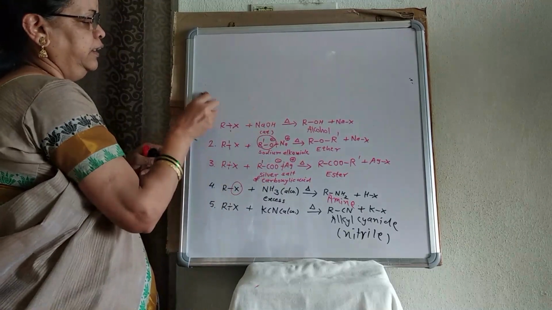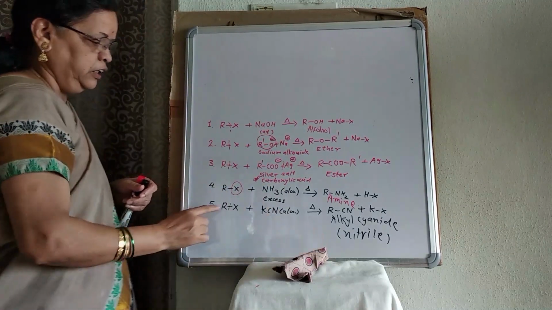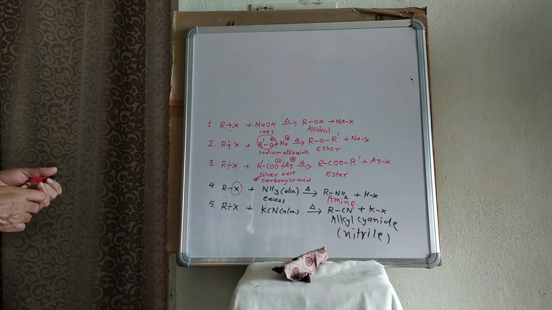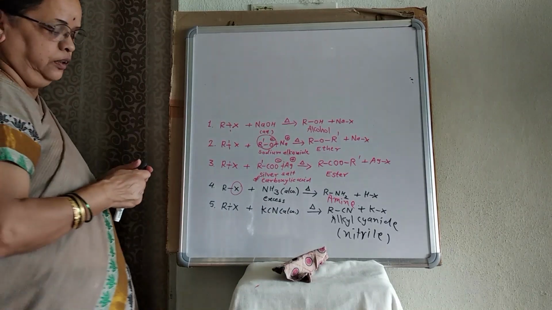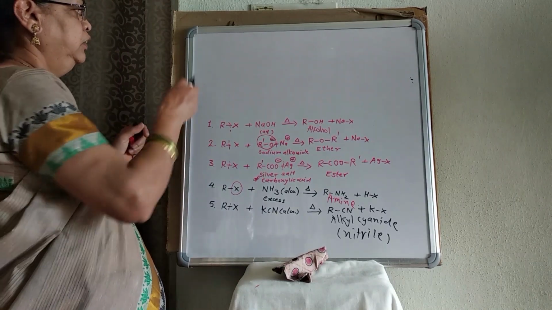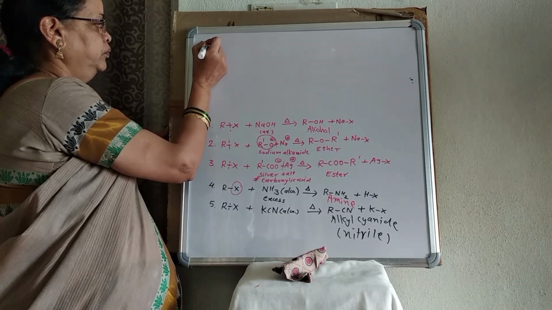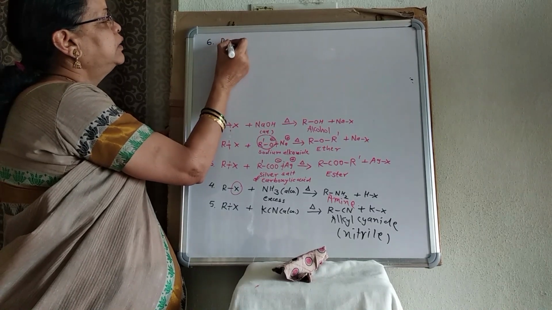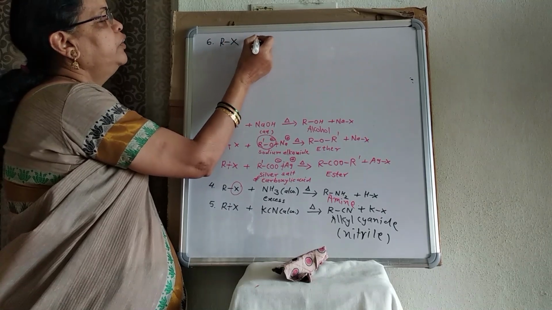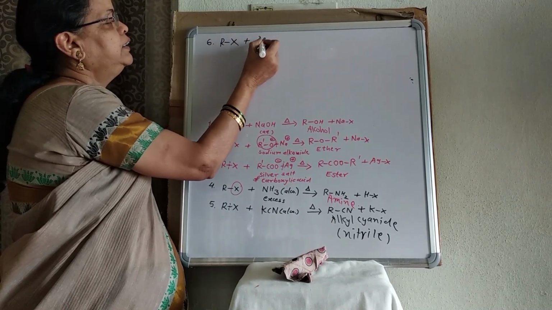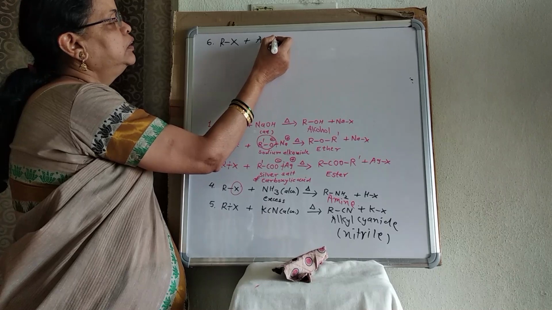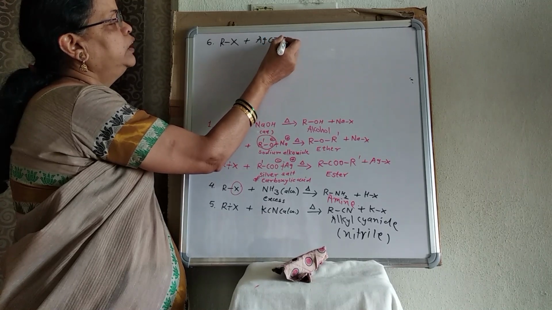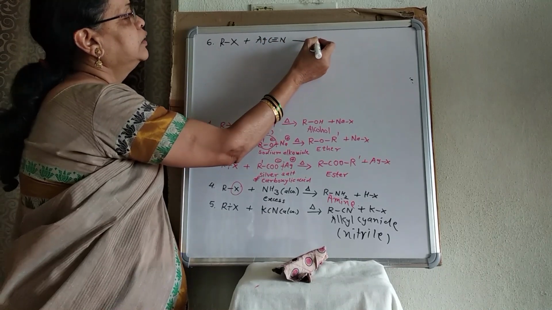So consider the remaining reaction. Instead of taking KCN, if we change the reagent, if we take RX and it reacts with AgCN, with C triple bond N, the bonding is like this.